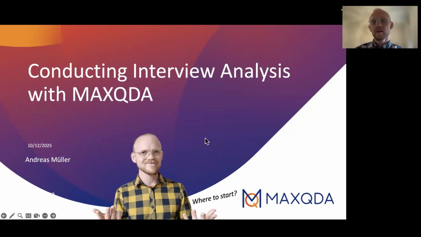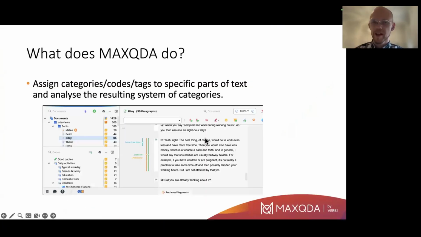All right. For the beginners, a quick recap. What does MAXQDA do? If you know one thing about MAXQDA, then you very likely know that it is used for coding. It is in its essence a coding software. That means coding in the sense of coding in qualitative research.